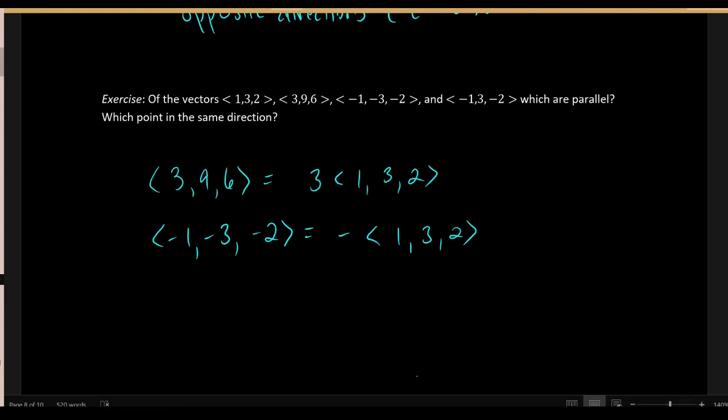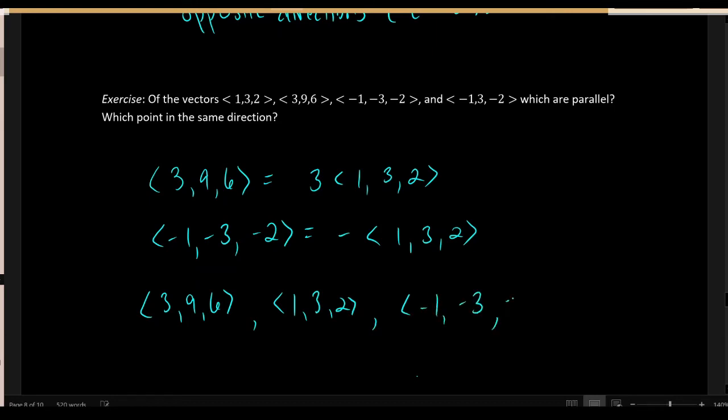It's the opposite sign of the x and z components. As a result, I can say that <3, 9, 6>, <1, 3, 2>, and <-1, -3, -2> are all parallel. They are all scalar multiples of each other.